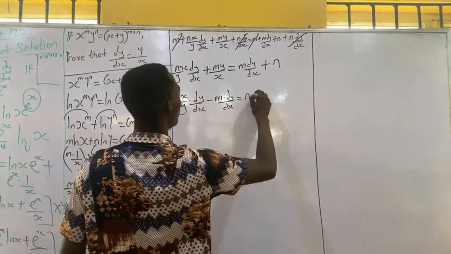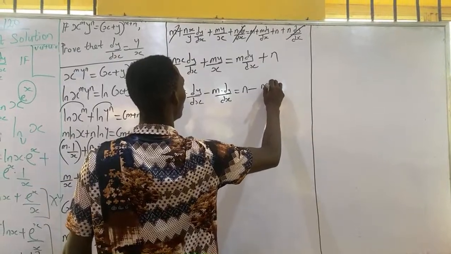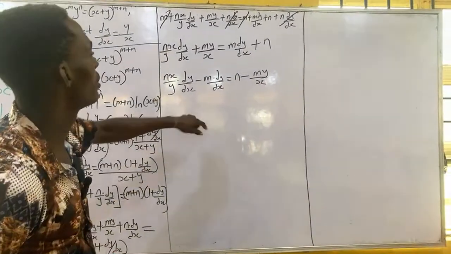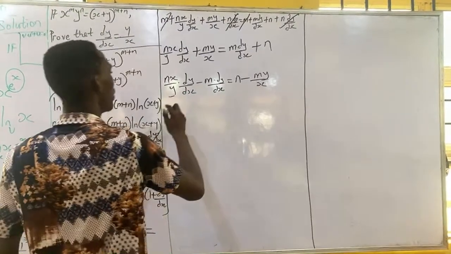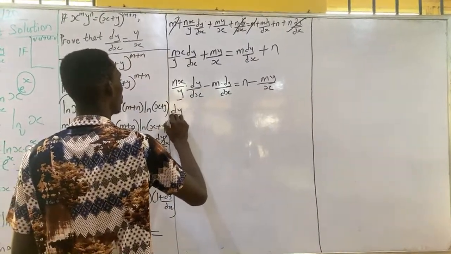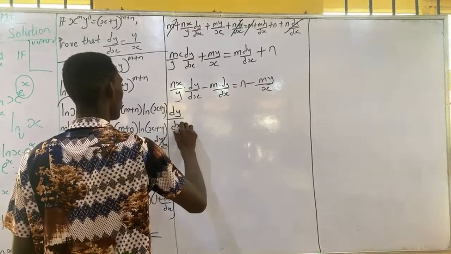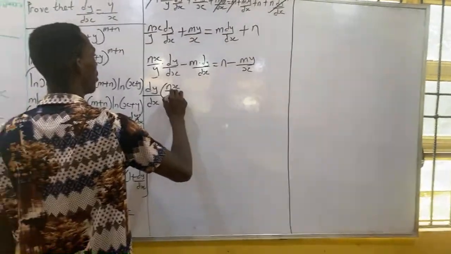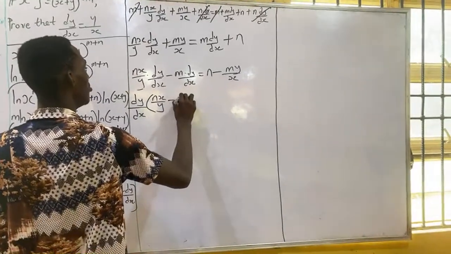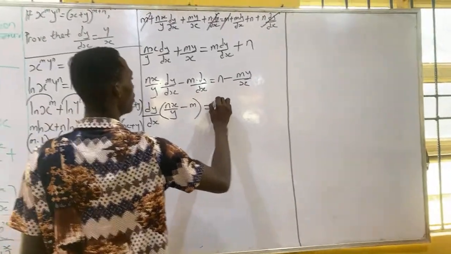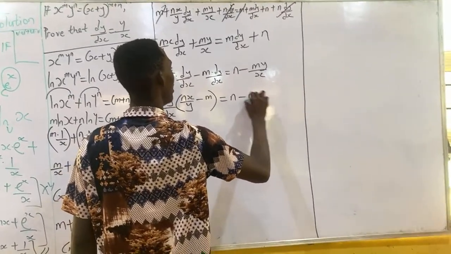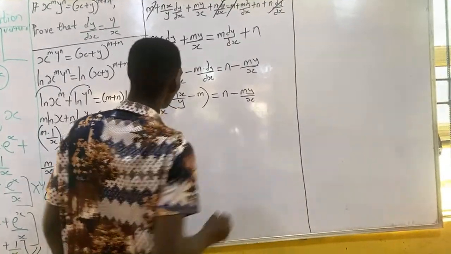This is coming over to the other side because minus my over x, which brings dy over dx common to both. Let's open a bracket. This is nx over y minus m is equal to the whole of this, n minus my over x.